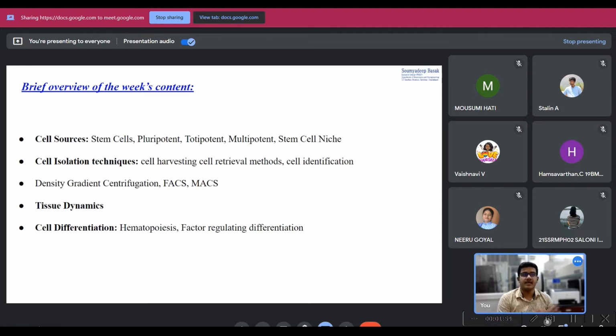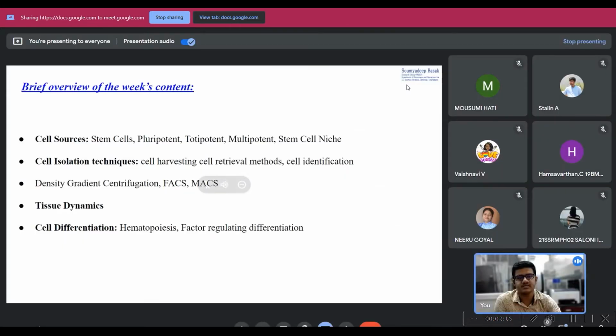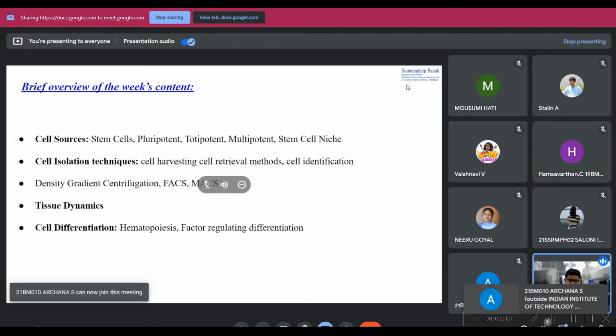Along with that, we have studied cell isolation techniques, cell harvesting, cell retrieval methods and cell identification techniques, like density gradient centrifugation, FACS, MACS, and other techniques that were discussed. We also studied tissue dynamics. Previously we studied cellular behavior from the tissue engineering perspective.